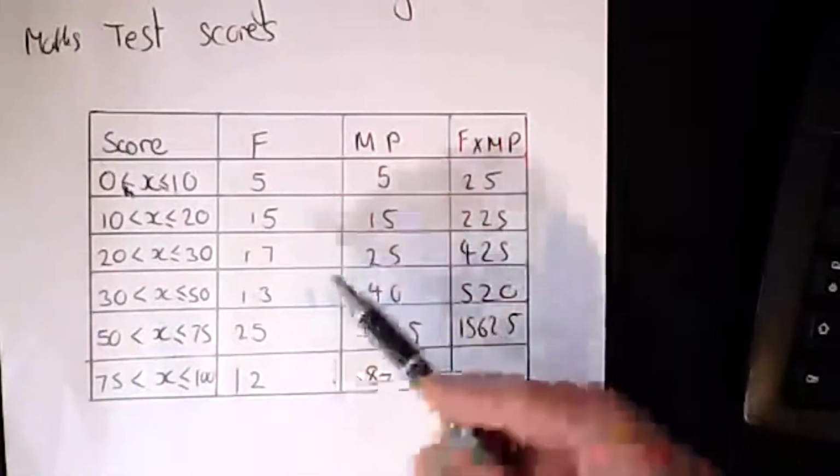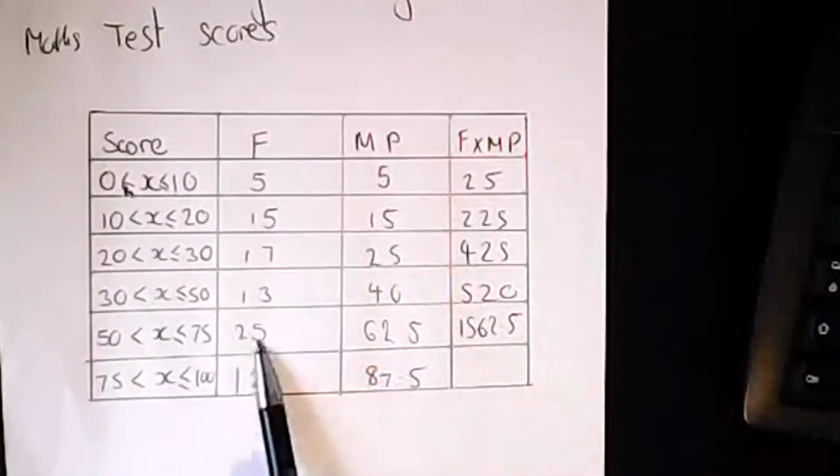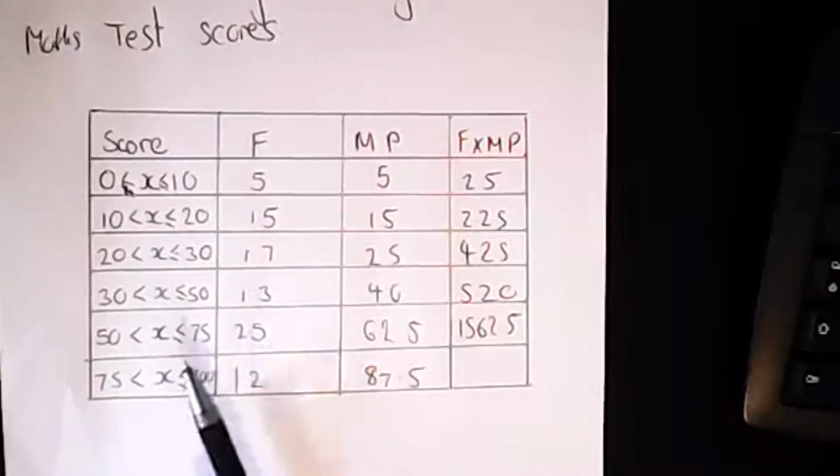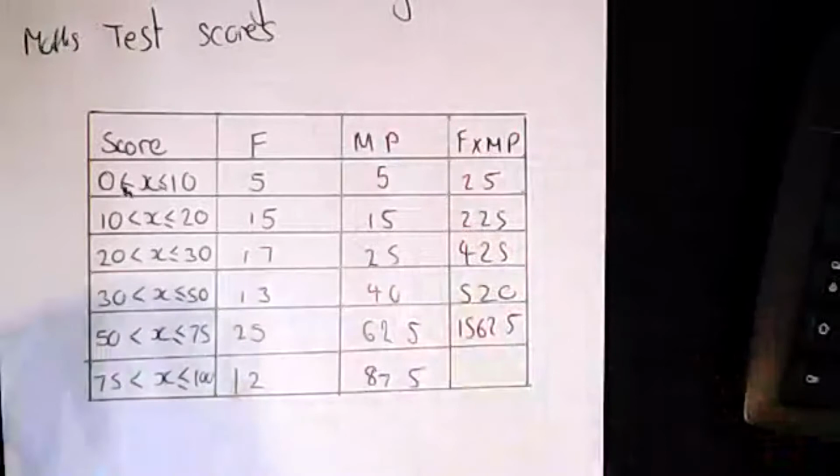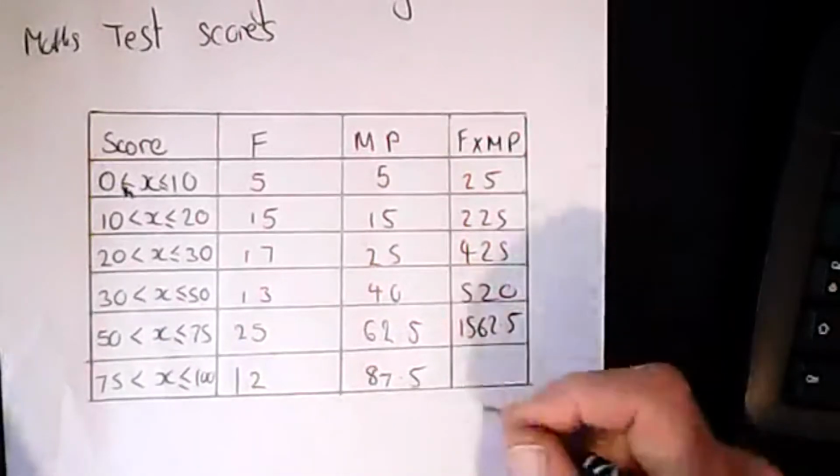And if these get quite big, don't panic, because you've got 25 people getting a score of between 50 and 75. This is more likely to be half a year group rather than a single class. So these numbers are quite high, and that's fine. 1050.